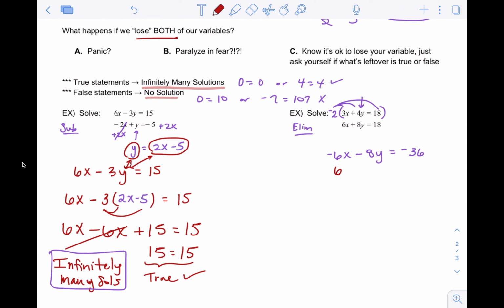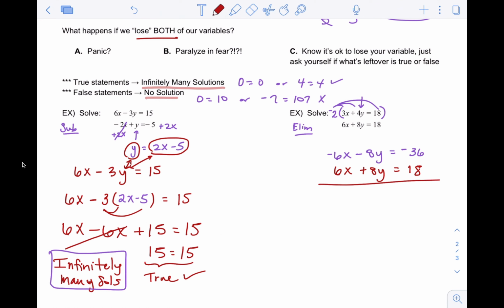The bottom equation didn't need to change because we had a positive 8y, and that was my goal. Multiplying the top by negative 2 totally did that. It made negative 8y when the other one was positive 8y, so it zeroes out.